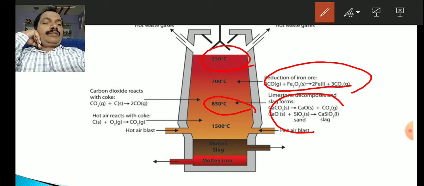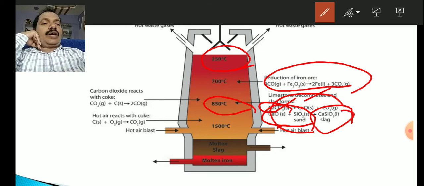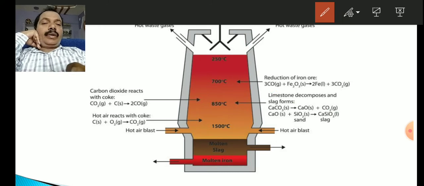CaCO3 with sulfide, you see, a solid form, and you have the solid and gas, solid and sand both are mixed. You see how the slag is formed. This is all the chemistry part. So the carbon dioxide will react with carbon.